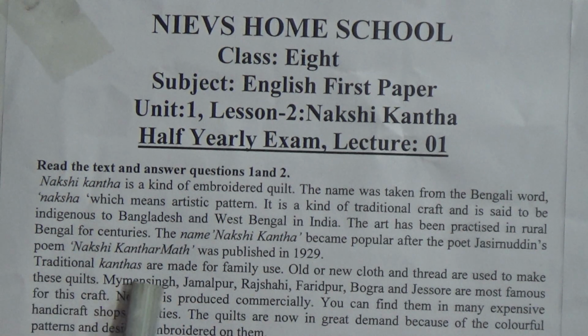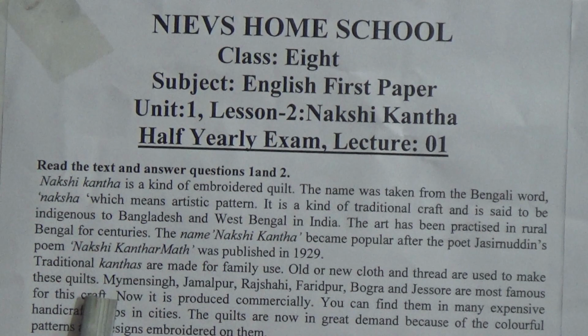Traditional kanthas are made for family use. Old or new cloth and thread are used to make these quilts. Mymensingh, Jamalpur, Rajshahi, Faridpur, Bogra, and Jashore are most famous for this craft. Famous means renowned, eminent, and craft means art.